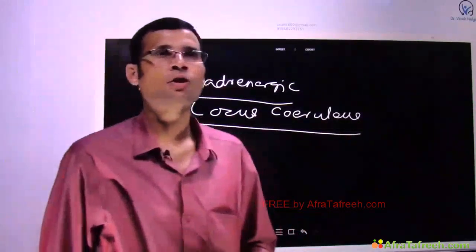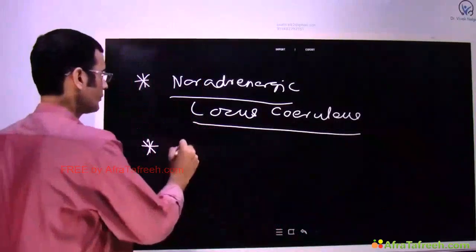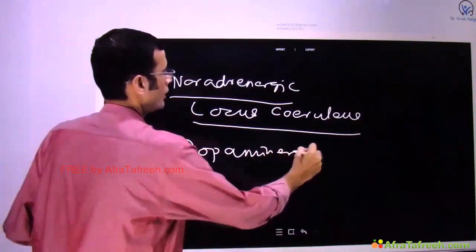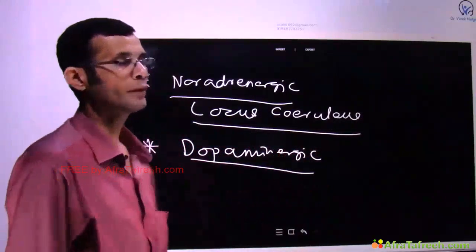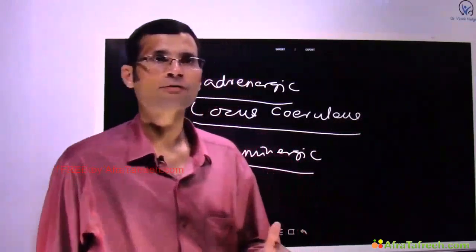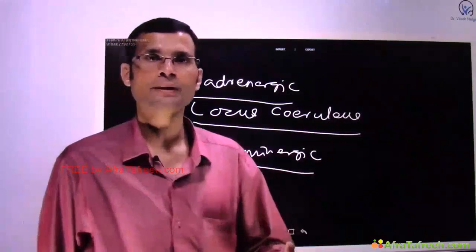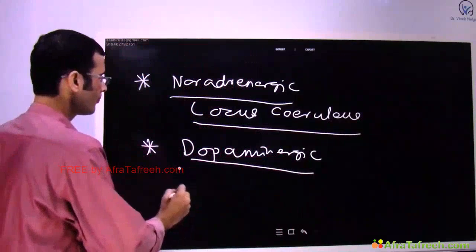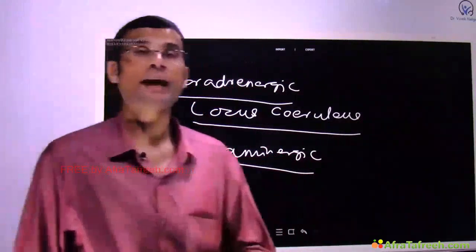Greatest population of dopaminergic neurons. Dopamine is the neurotransmitter for reward and addictive behavior. So dopaminergic neurons are found, of course, in the basal ganglia.